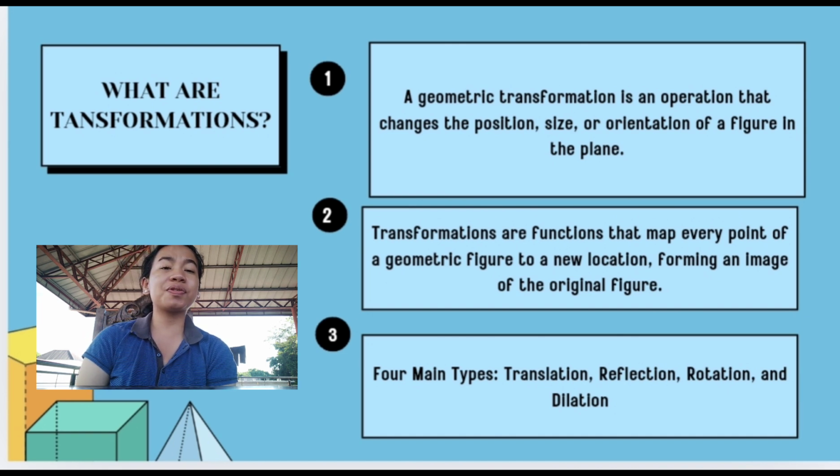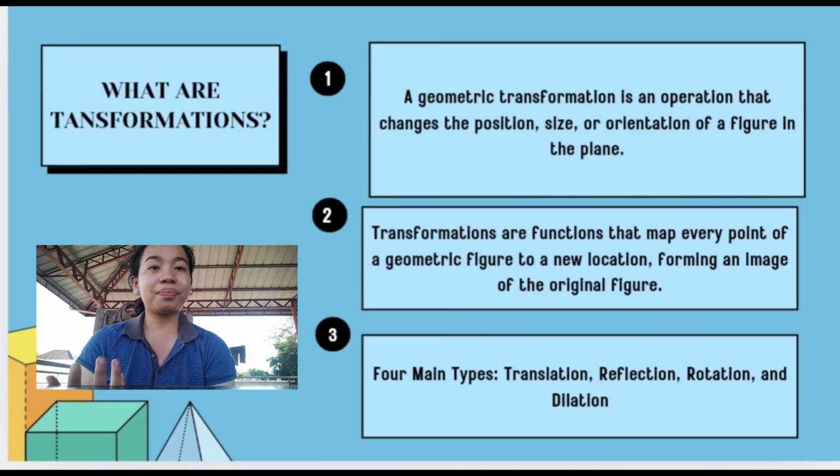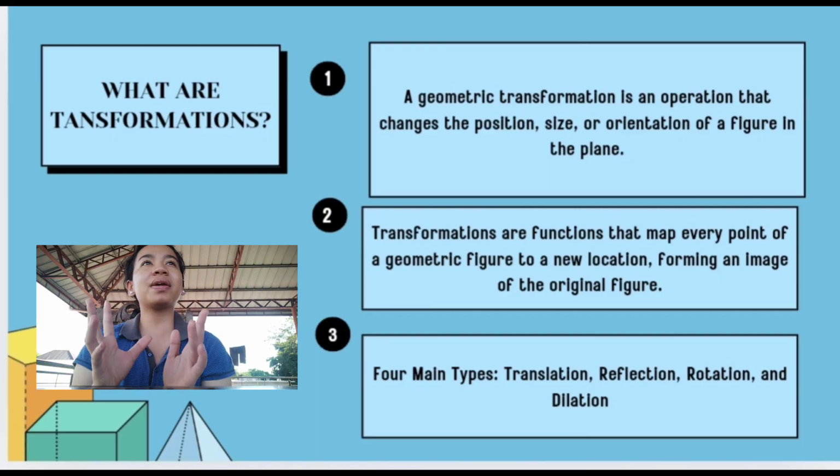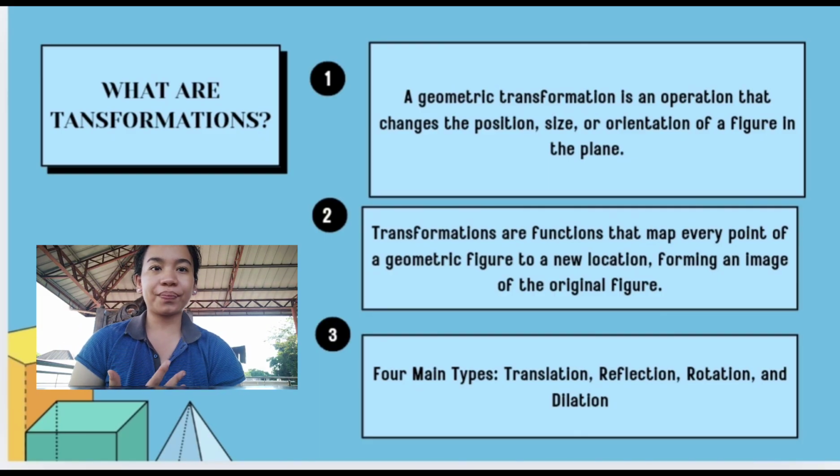So it is also specific because it doesn't just change on its own, but it also determines what would be the position after it is transformed to a different location, because it is located in a plane and the points must be specific after the plane is being transformed.